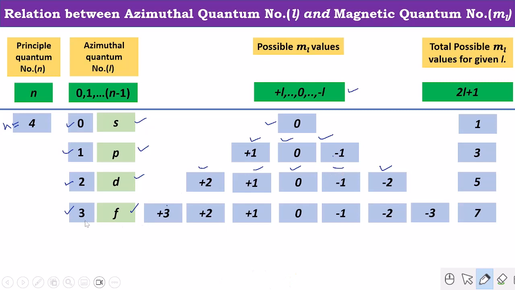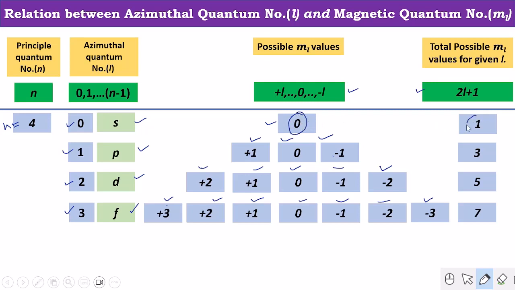Similarly, for L is equal to 3, the value starts from 3 up to minus 3, including 0 and other values. The total possible ML values can be calculated using this formula by adding the values of L, or we can directly write using these numbers.